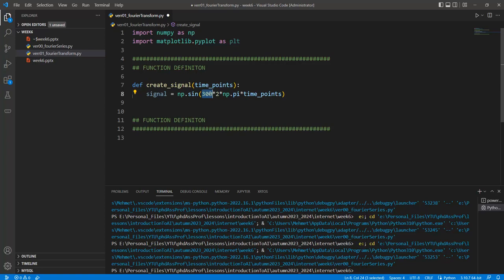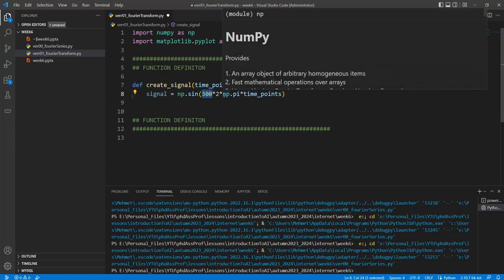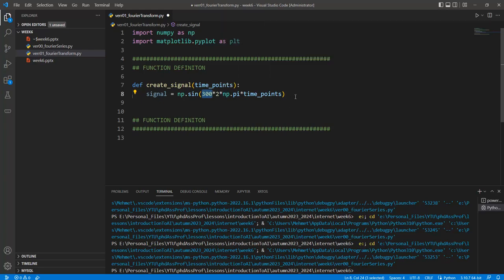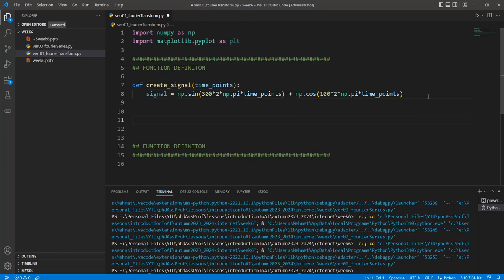Okay, and so if we apply the Fourier transform to this signal, then we will get the 300 values with amplitude of what? 1. Okay, this is the specific example. And also we can give another function with the cosine and 100, for example. It's an arbitrary number.